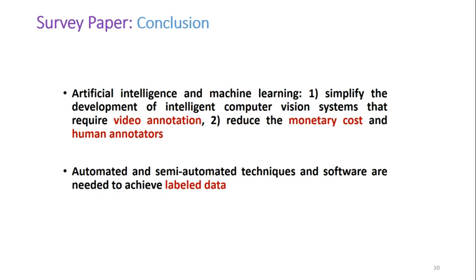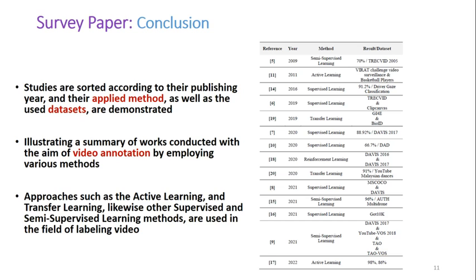Therefore, researchers have worked on methods to achieve high accuracy of labeled data and, as a result, automatic data annotation. So, we provide an overview of automated and semi-automated techniques and software to address a general knowledge of these ideas and definitions.